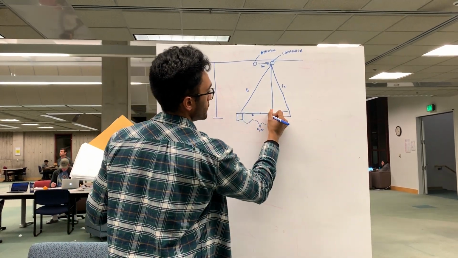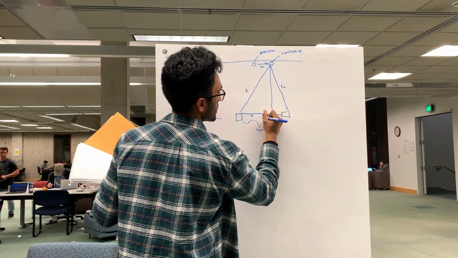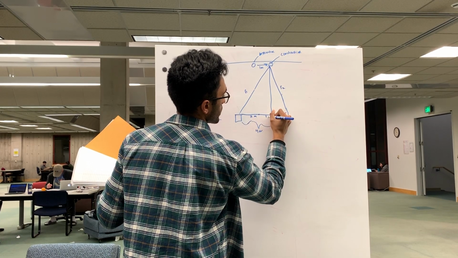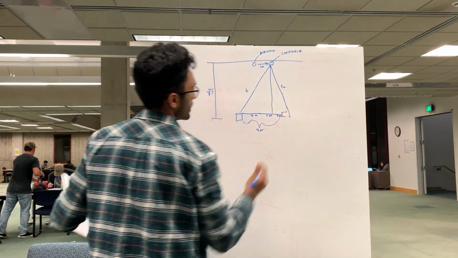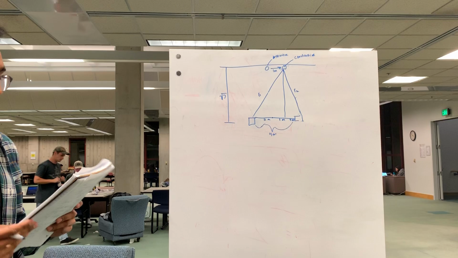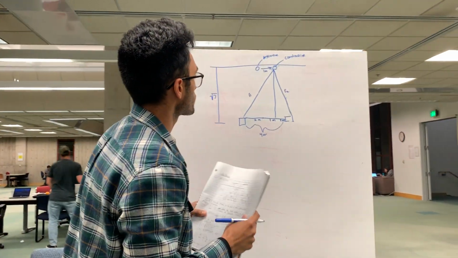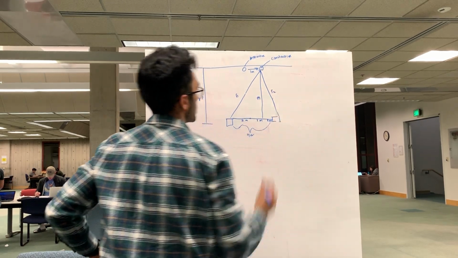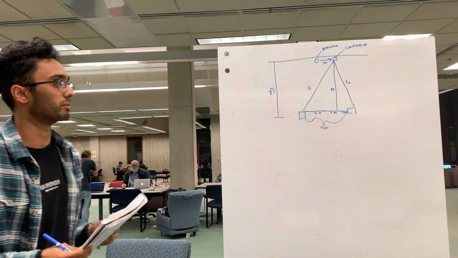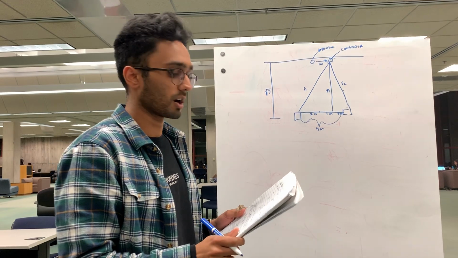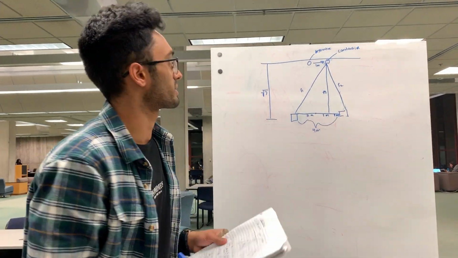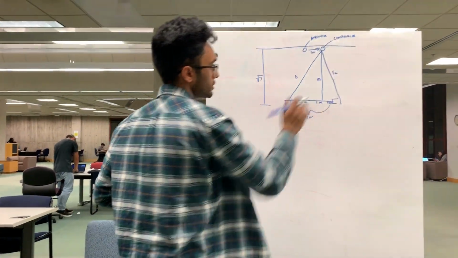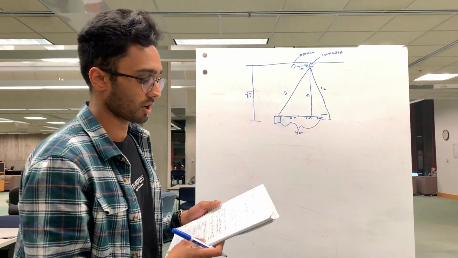I would say this is 1 and this is 1. So we have 2 meters, we have 1 meter, and we have another 1 meter right there. And we have also this right here. These are essentially just two right triangles that we can solve using the Pythagorean theorem to get R1 and R2, which will then get us the change in R.